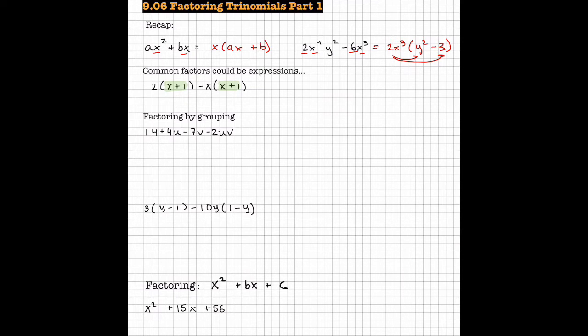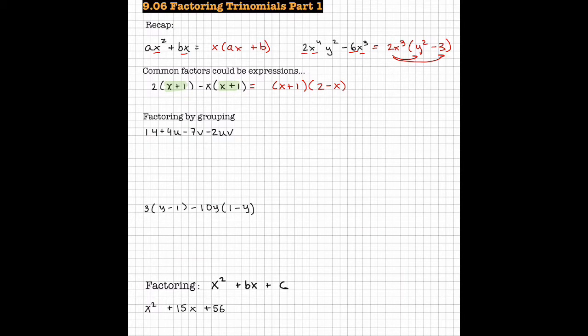So the common factor there of x plus 1 can be divided out. If I undo the distributive property, the x plus 1 would be divided out, and I would be left with 2 minus x.